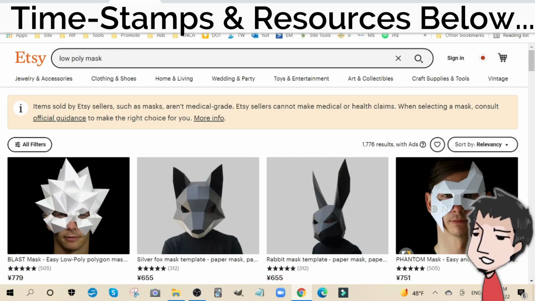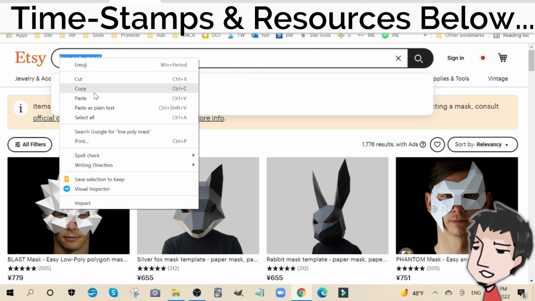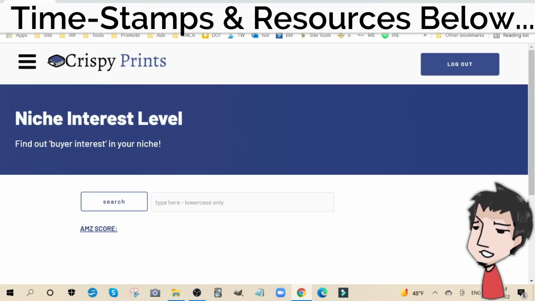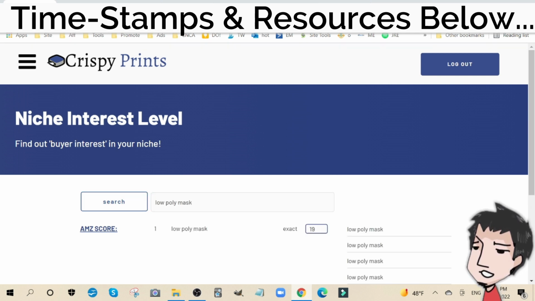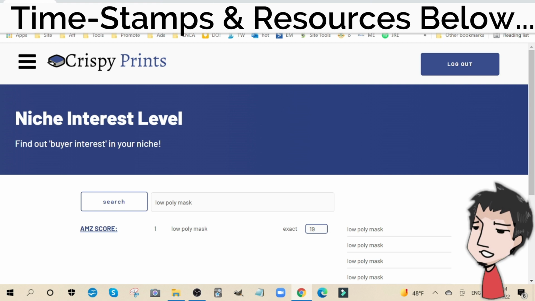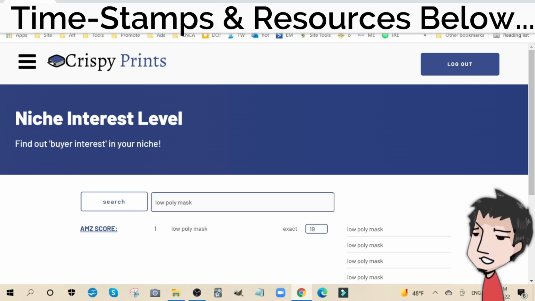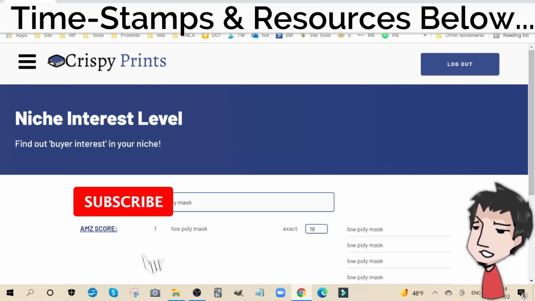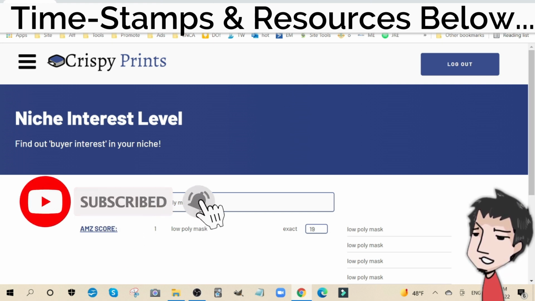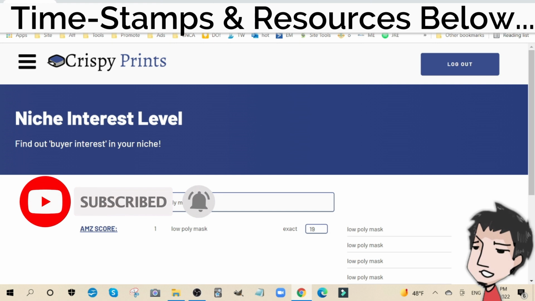Polygon, the shape. If I copy this and put it in here, I can see that there is a very small amount of search for low poly mask. But people in this market really don't know how to go about finding what they want when it comes to the verbiage.